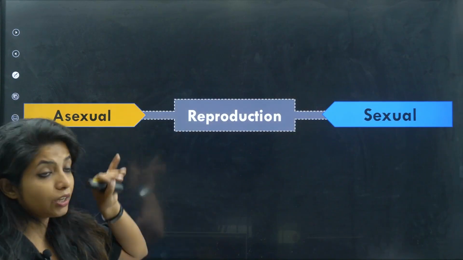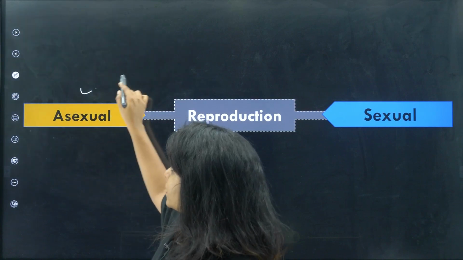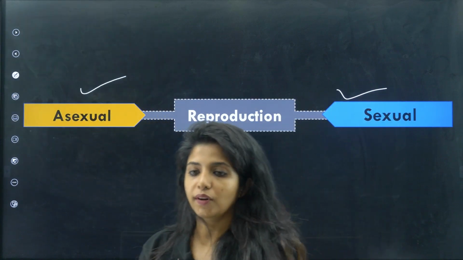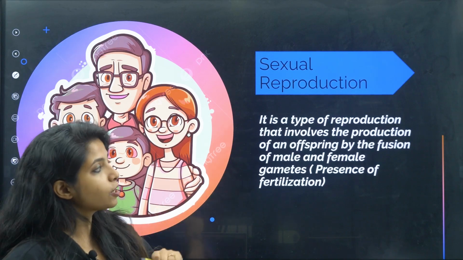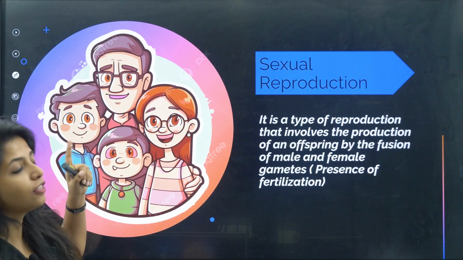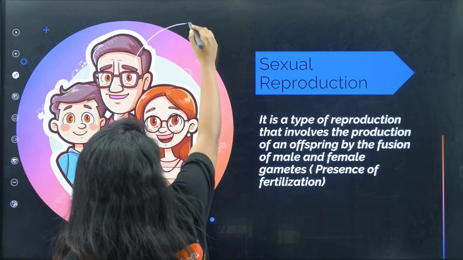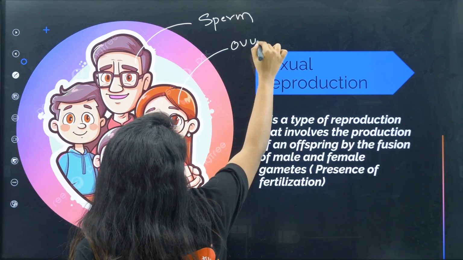Now reproduction is of two types. One is asexual, and the other one is what? Sexual reproduction. Talking about sexual reproduction first, it is a type of reproduction that involves the production of an offspring by the fusion of male and female gametes. So males would be giving rise to sperm and females giving rise to ovum.